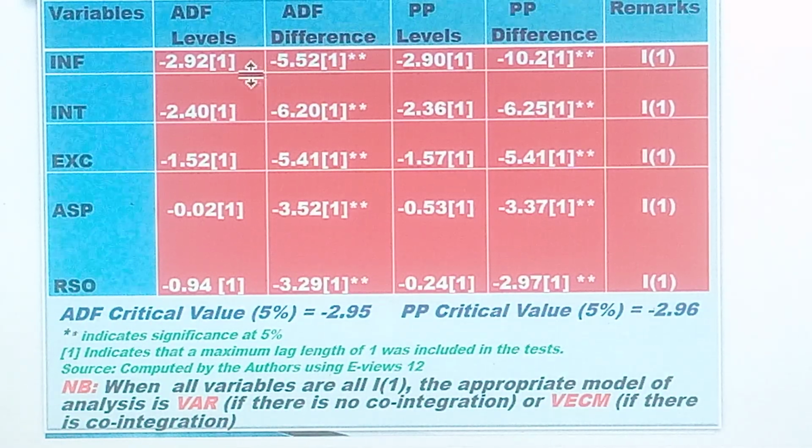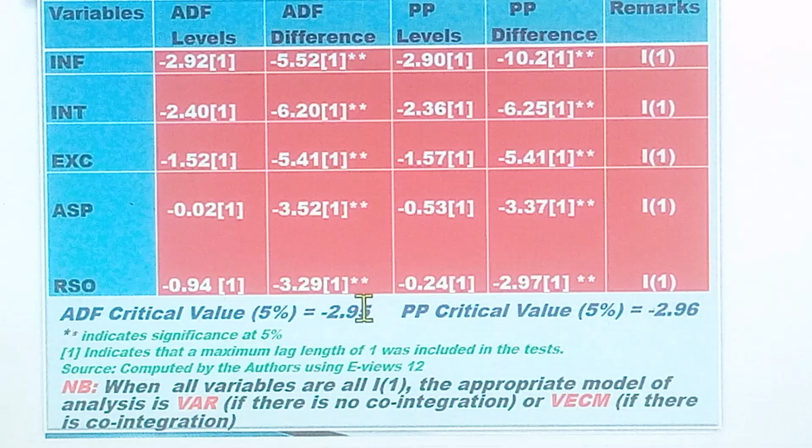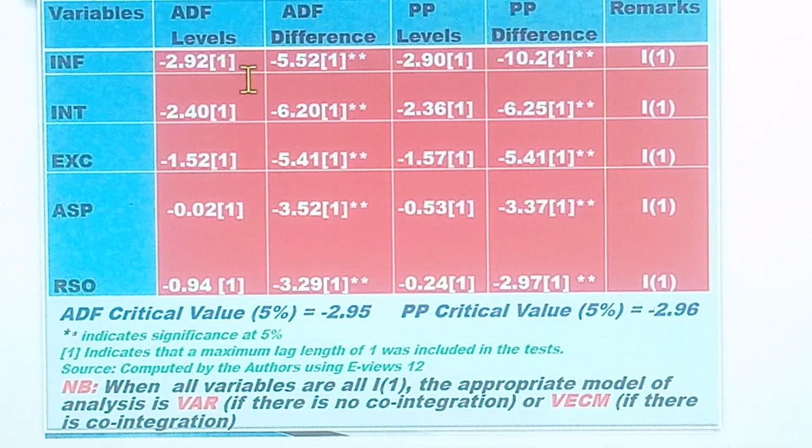So this means that this value for inflation is less than this critical value, suggesting that it is not stationary. When the calculated value is less than the critical value, we accept the null hypothesis that the variable is not stationary.